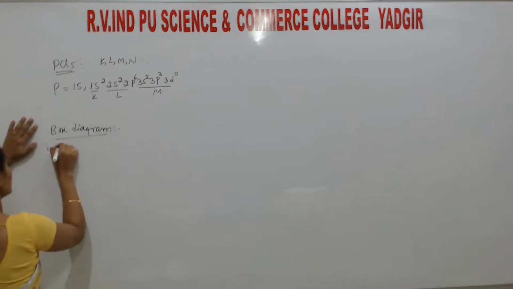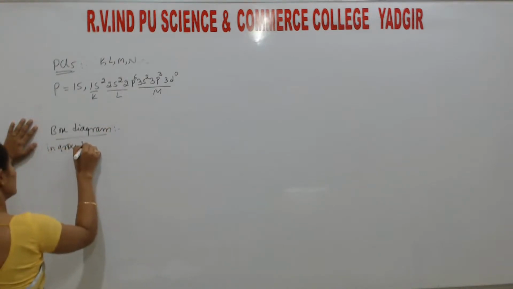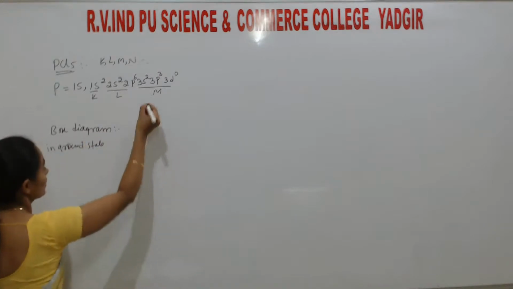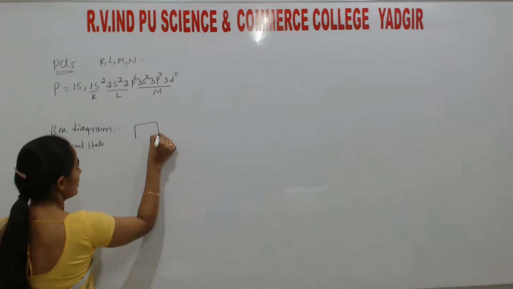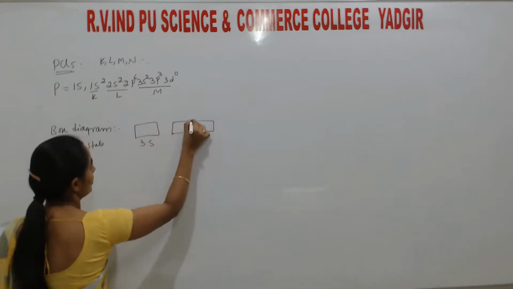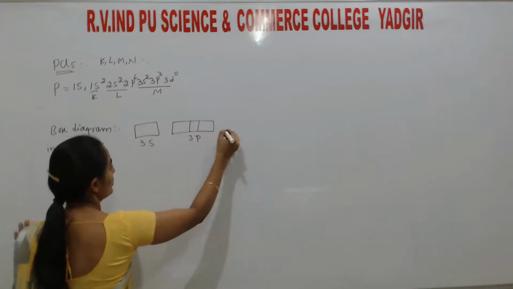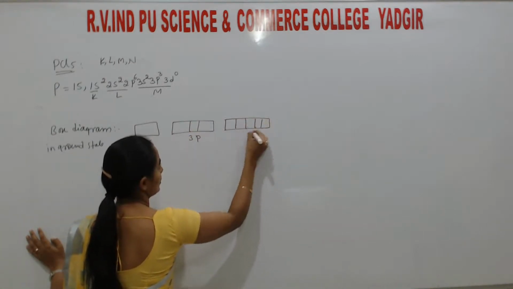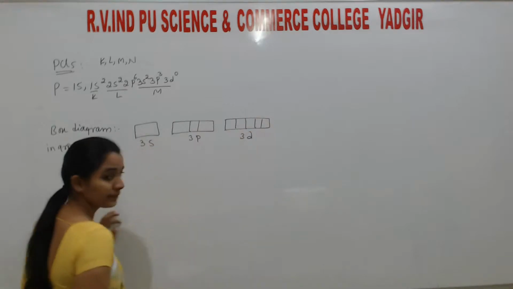Box diagram in ground state. So this one is the 3s orbital, 3p orbital, 3d orbital.